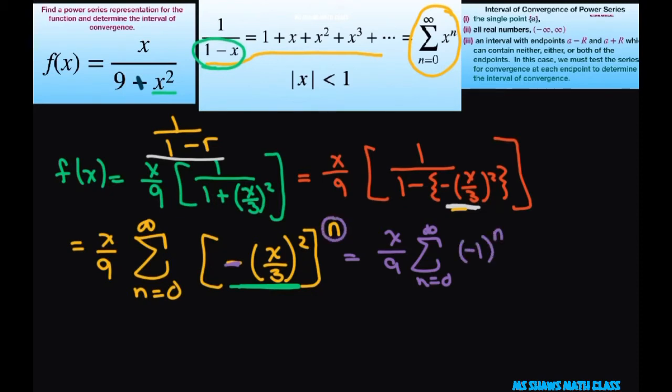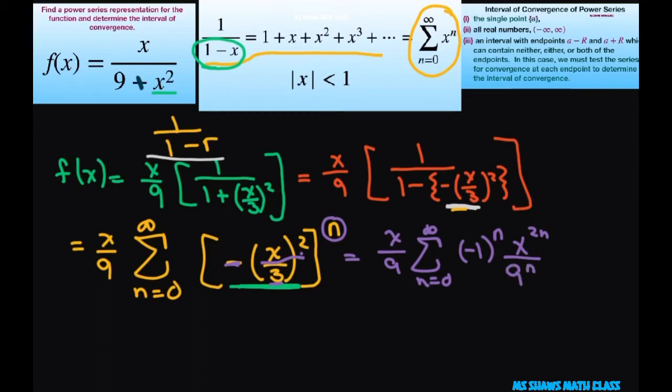All right, and then for this piece, this would be x times x to the power of 2n, and the denominator, when you square the 3, you get 9, and you still have to the nth power.